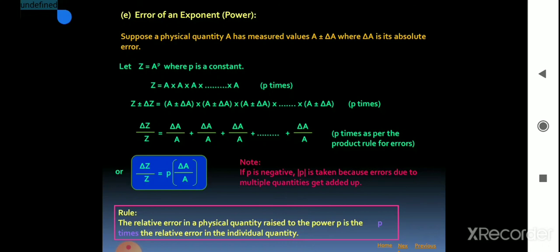So in general, delta z divided by z is equal to p times delta A divided by A. If p is negative, then we have to take the modulus of p, because errors due to multiple quantities get added up. Now what is the rule for error of an exponent? The relative error in a physical quantity raised to the power p is p times the relative error in the individual quantity.